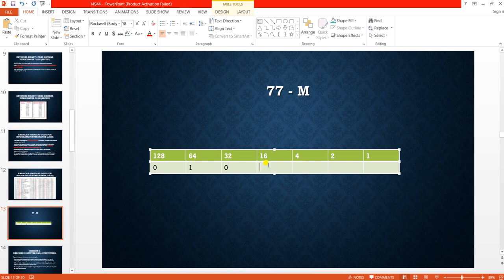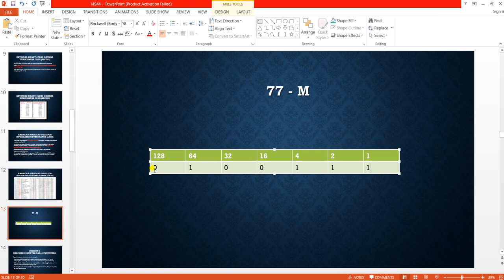How many times does 16 get into 13? 0. How many times does 8 get into 13? 1 time. So 13 minus 8 gives you 5. How many times does 4 get into 5? 1 time, and 5 minus 4 is 1. How many times does 2 get into 1? 0. How many times does 1 get into 1? 1 time.